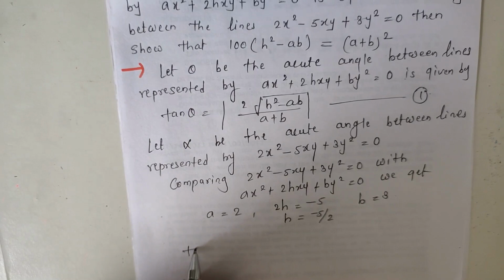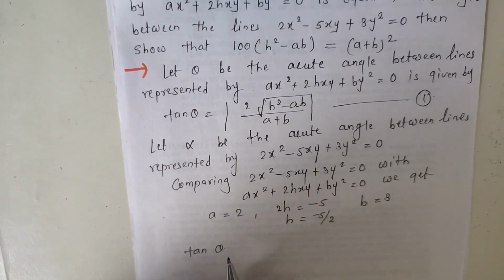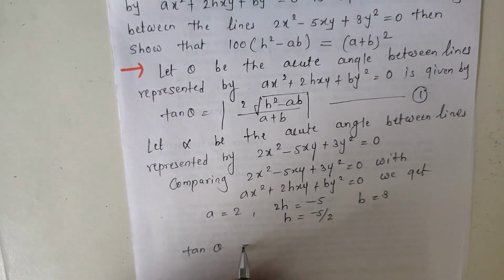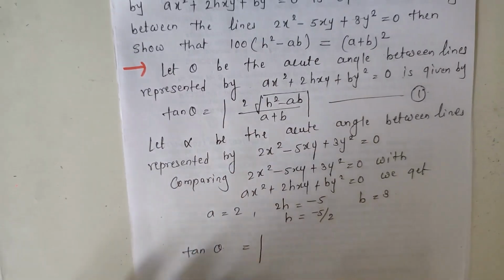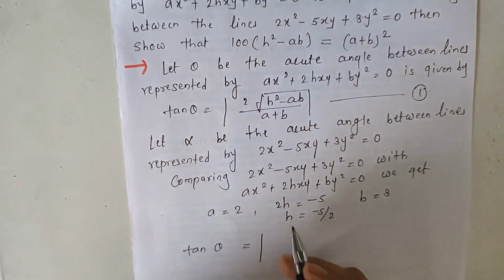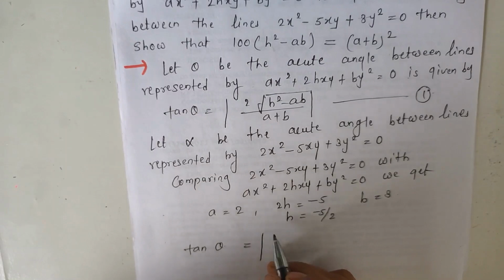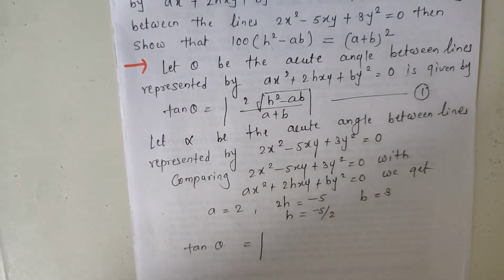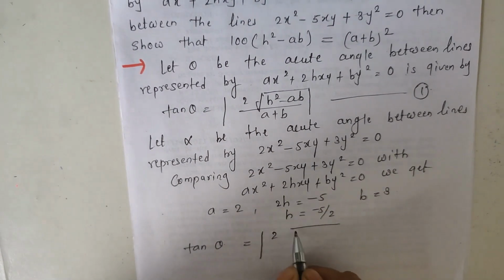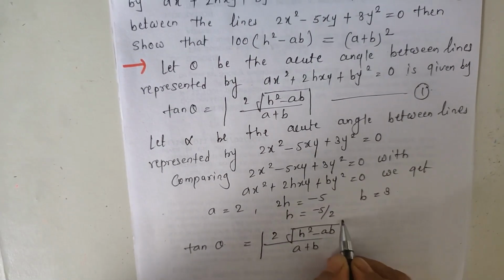Then we get the acute angle tan theta is equal to mod of 2 under root of h square minus ab upon a plus b.